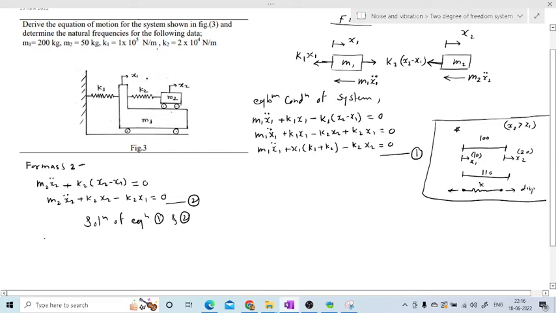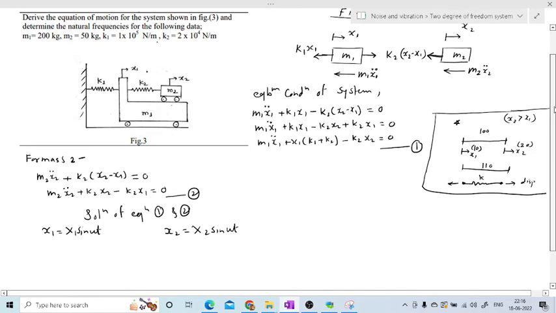So we can give the solution x1 as X1 sine omega t, and this capital X1 is nothing but amplitude. Similarly, we can write x2 is equal to X2 sine omega t. So this is the first solution, this is the second solution. As we have two masses, the degree of freedom is 2, meaning the displacements are 2.